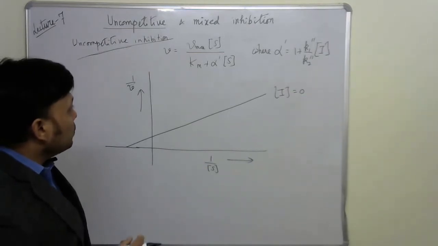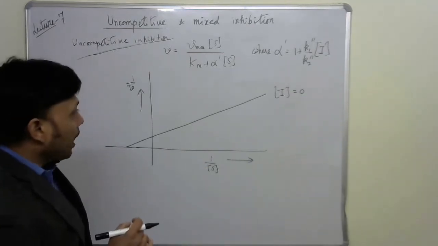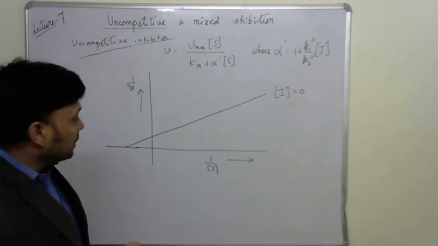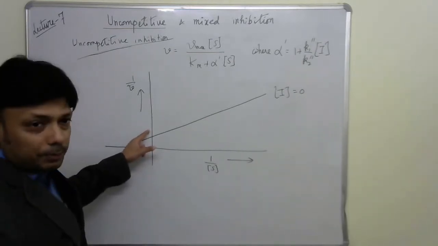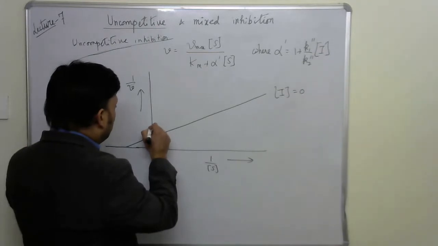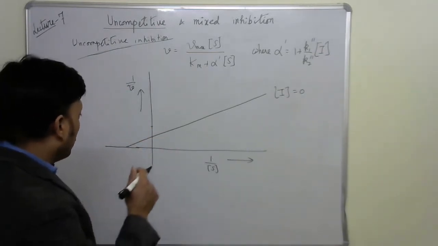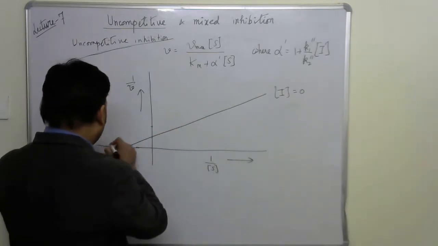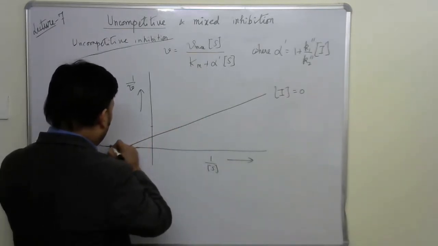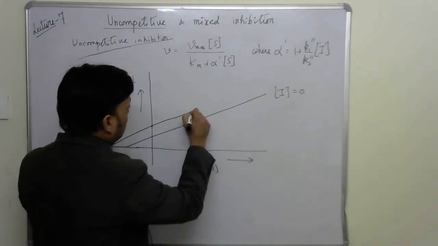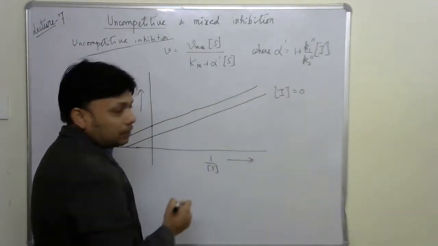Once we have some inhibitor concentration, we have constant slope but increasing vertical intercept. Let's assume that the new intercept is this. Therefore, to keep the slope the same, we have to draw a straight line parallel to the I equal to 0 line.